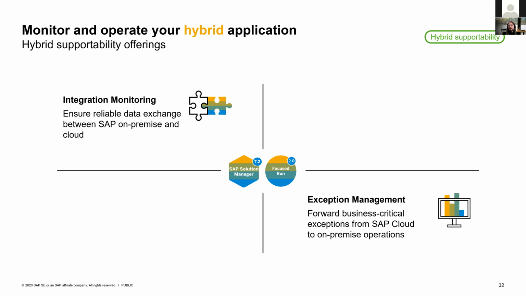With the exception management, we have some kind of central exception cockpit where the exceptions from a hybrid landscape can come in. So if you have a hybrid scenario, you can also channel, for example, the alerts from the SAP Cloud Platform alert notification into that cockpit. And there the team sees, okay, there's stuff coming in, and they can look into that and assign it accordingly to the right team that can then solve the issue.